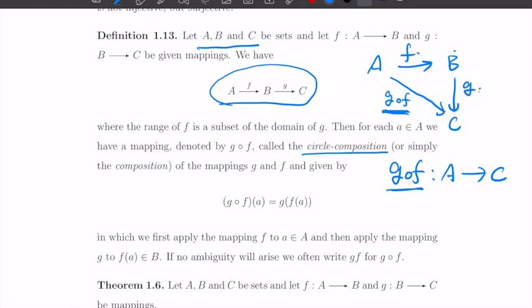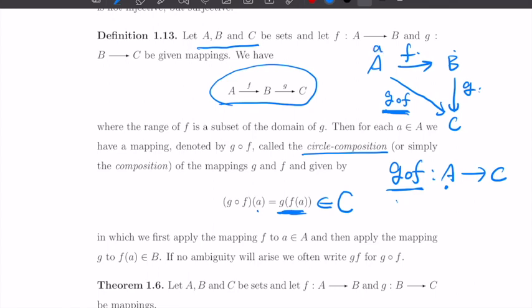For each element in A, we assign a value g(f(a)), which is an element of C. This means we first apply f to a.